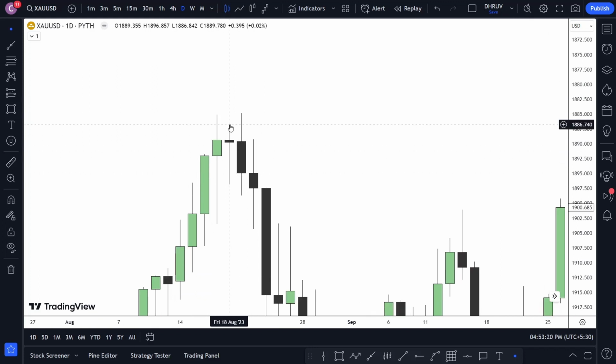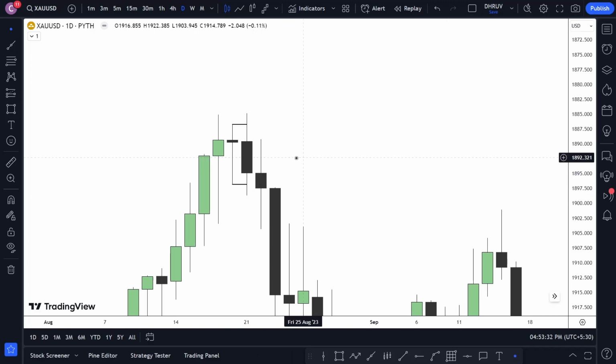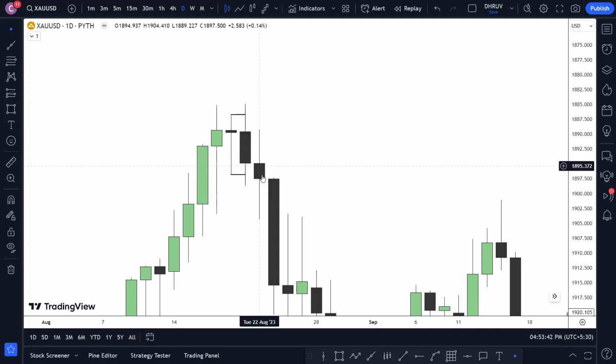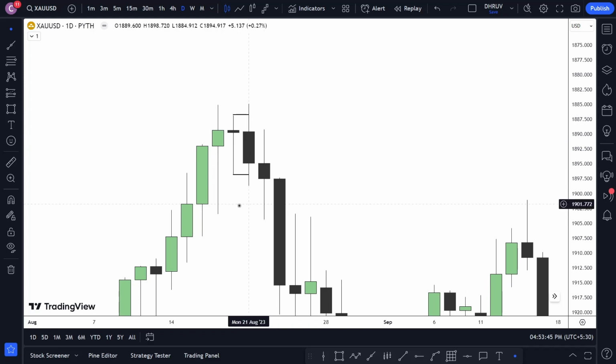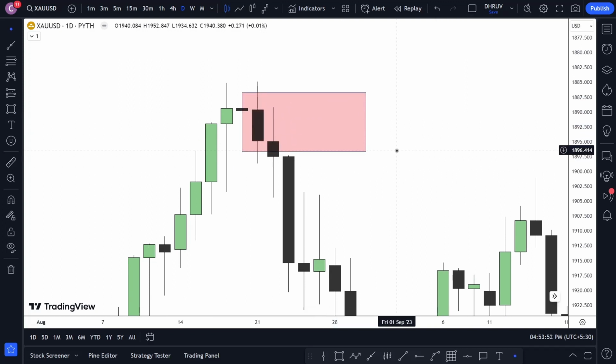We see a bearish candlestick, right? So the bearish candlestick high was over here, and the low was over here. So the high of this candlestick was engulfed by a bearish candlestick, and the low was also engulfed by a bearish candlestick, right? So we can actually mark this as a bearish engulfing.